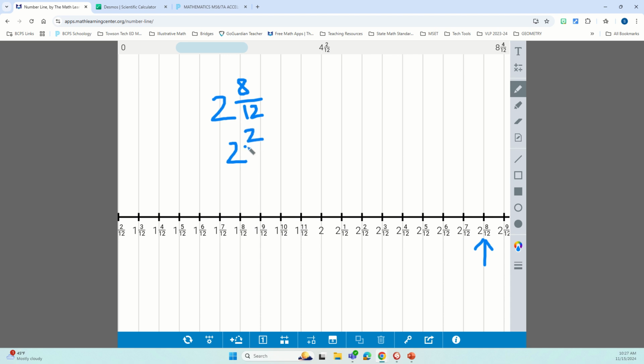Okay? It's the same thing. All right, and I'm going to divide by 9/12. Okay? And 9/12 is the exact same thing as 3/4. The only thing I'm doing is making my denominators the same so I can use the number line. All right, here we go.